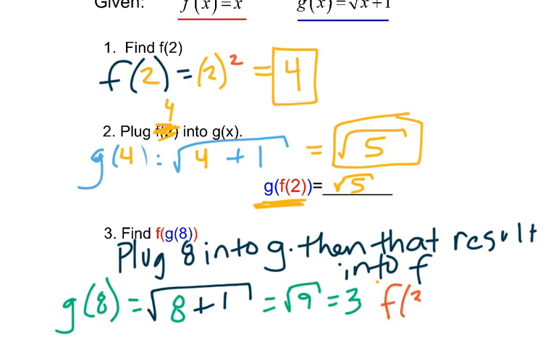And so f of 3, or f of g of 8, is going to be that value squared. And of course that value is 3. So 3 squared gets you back to 9. So f of g of 8 is 9.